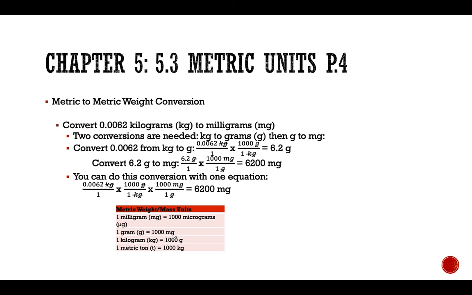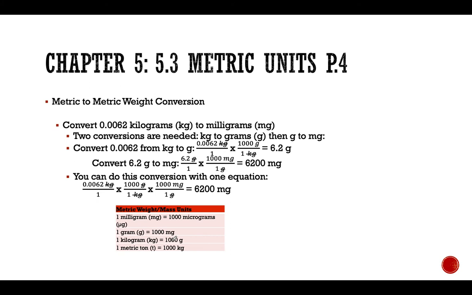Now, to make this a little easier, you can do this in one long conversion equation. We can combine the 2 steps into one: 0.0062 kilograms over 1 times 1,000 grams to 1 kilogram times 1,000 milligrams to 1 gram.